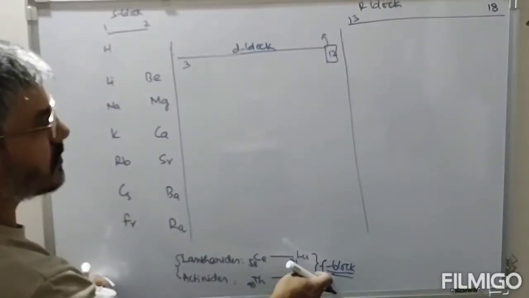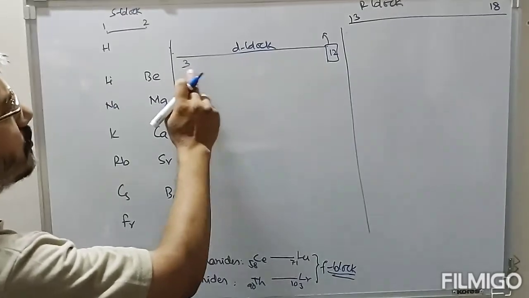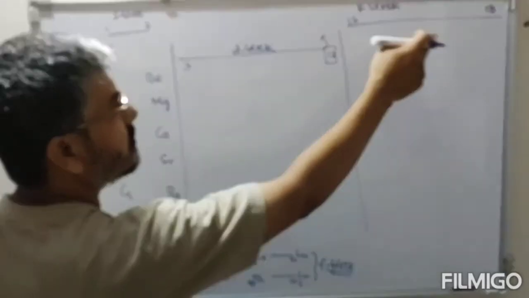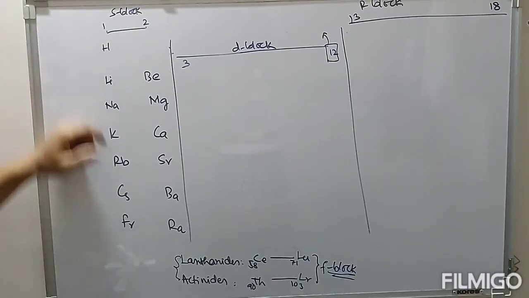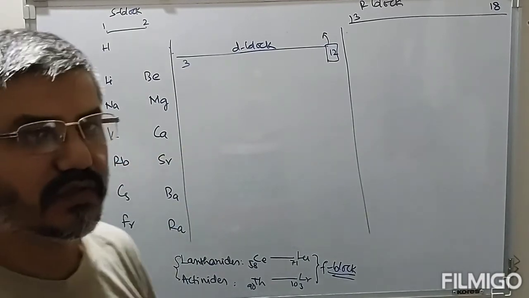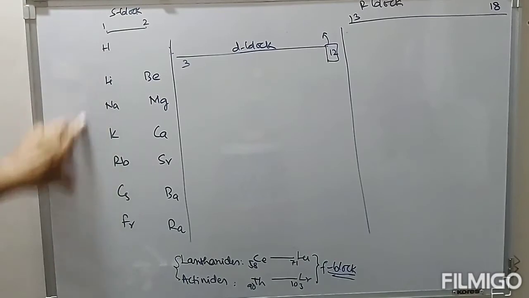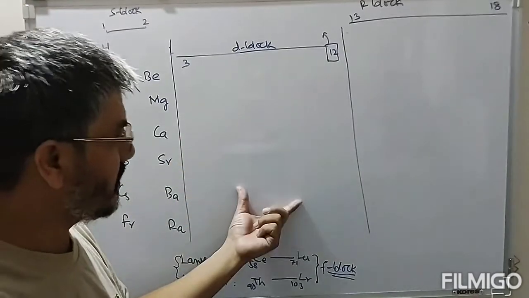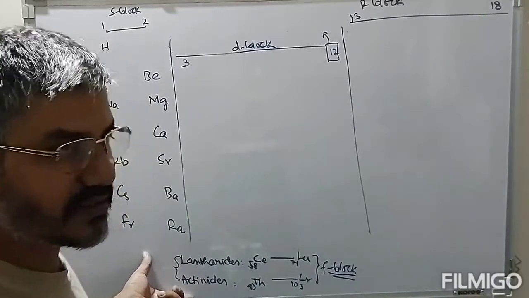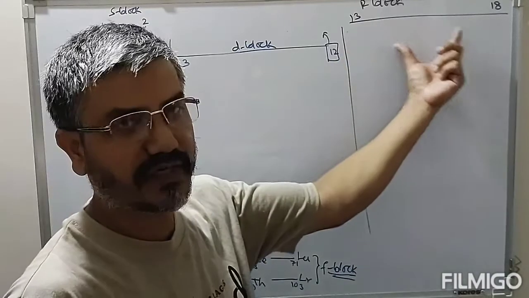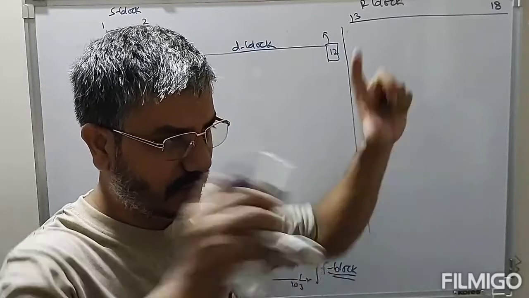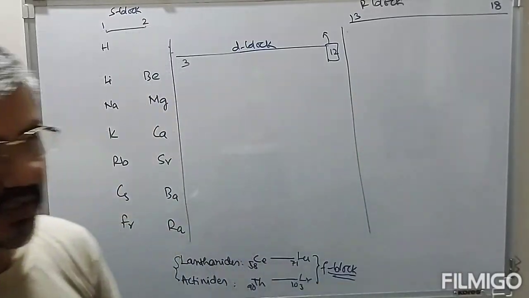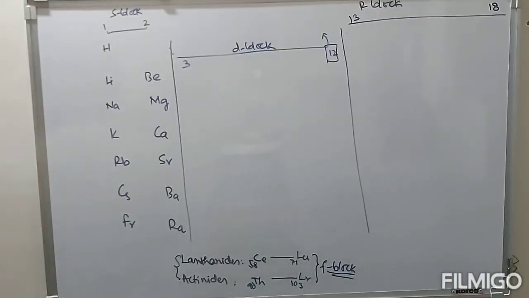D block 3 to 12, P 13 to 18, S block 1 to 2. So this is how the periodic table looks like. If you look at it, this is completely metal. This is also metal. This lanthanide actinides is also metal, but this P block consists of metals, non-metals as well as metalloids. So this is the complete overall picture of block classification of elements.